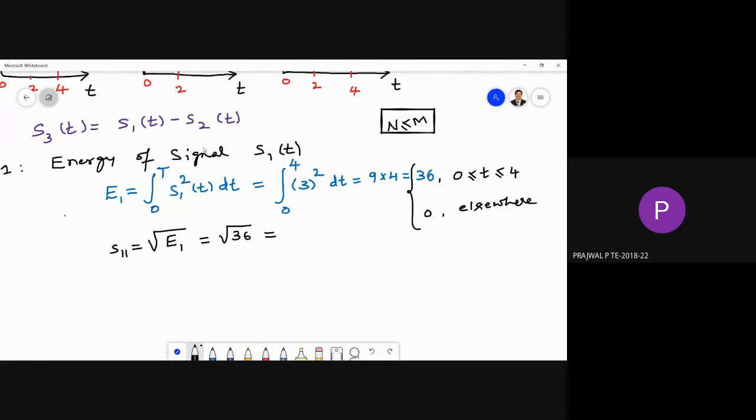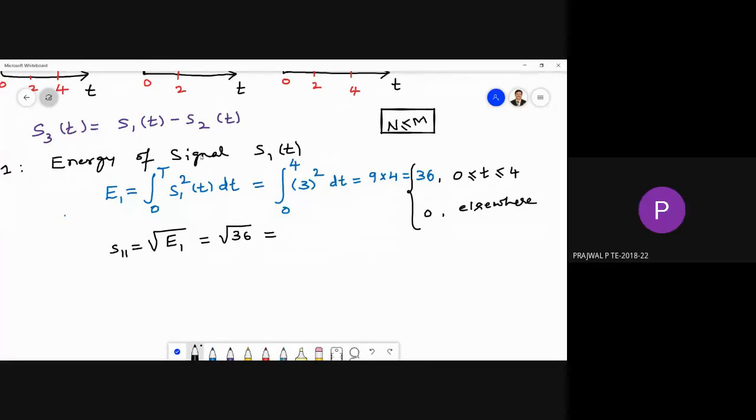So whatever Skanda or Kuber told, what about that, sir? If you take that possibility, then S2 might not exist. No, S2 will exist, but its orthonormal basis function will not exist. Means only two orthonormal basis functions will exist for this particular problem.